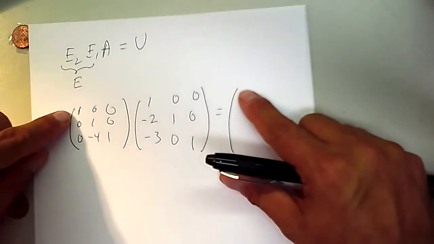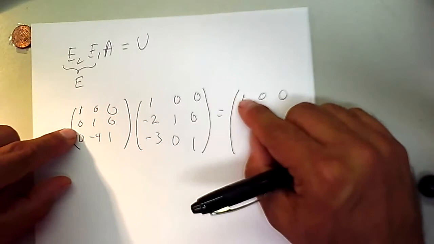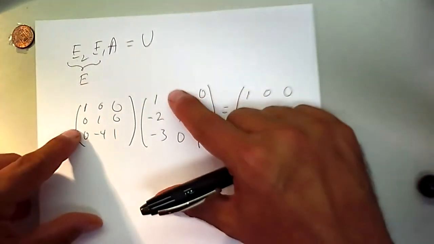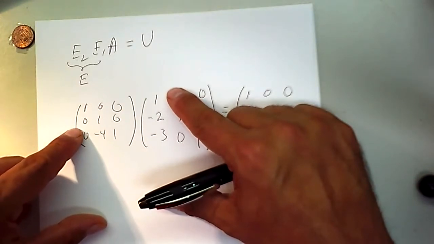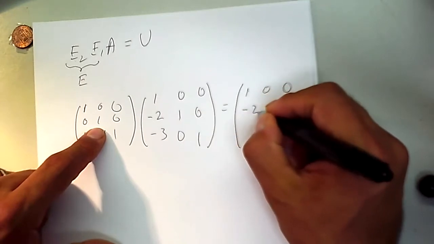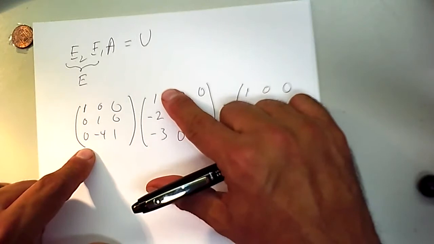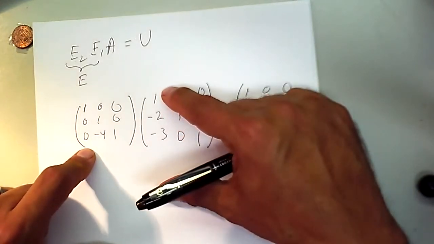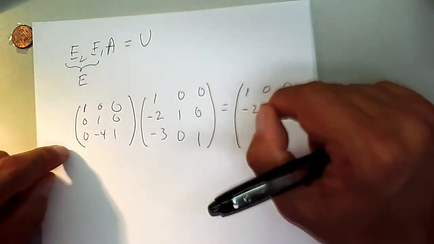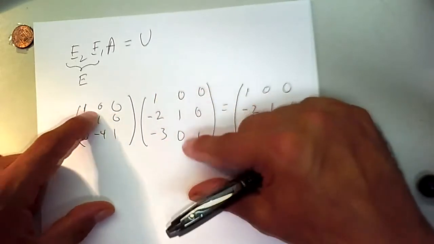So first row, leave it alone. Second row, -2, 1, 0. Third row, 0. Boy, I better do this carefully. Let me double check the first rows. So pick 1, 0, 0.